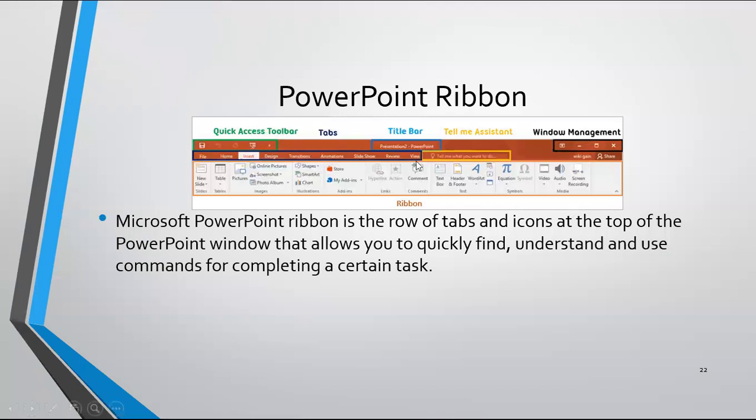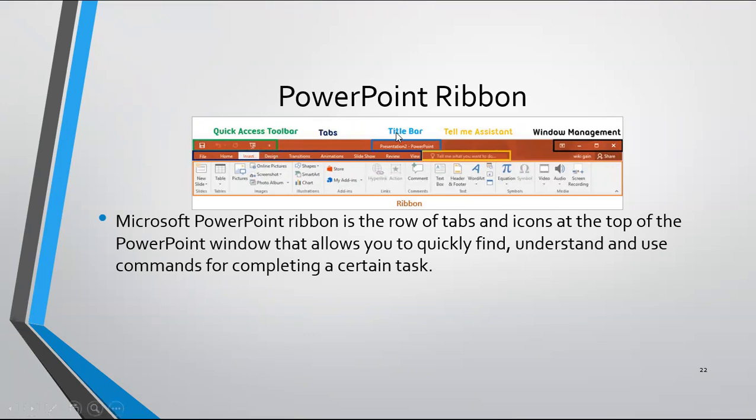Here you can see this is the title bar, and it displays the title, that means the name of the active document or the active presentation. And this area is the quick access toolbar, this one, right? The quick access toolbar gives one click access to essential commands such as save, undo, redo.